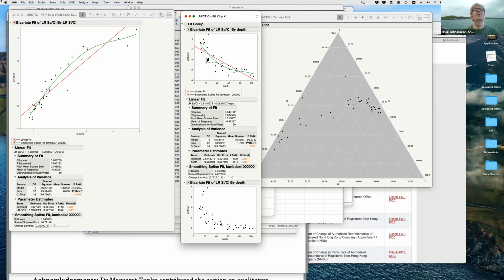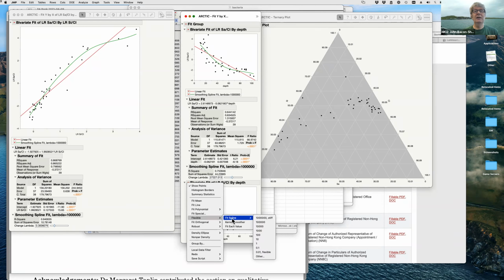So all the ones with more sand than clay are at relatively shallow depths. And as we get to the lower depths, they all have more clay than sand. And similarly, we can put the smoother on here.